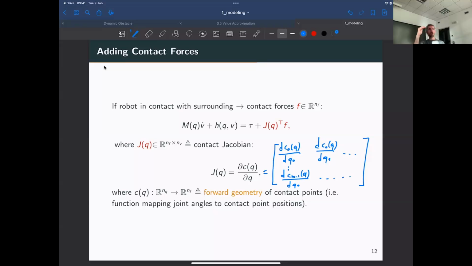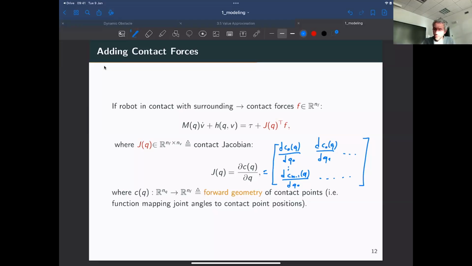So it contains the derivative of all the items of C with respect to all the elements of the vector Q. Okay, so all the combinations of the elements of C and the elements of Q give you a matrix.